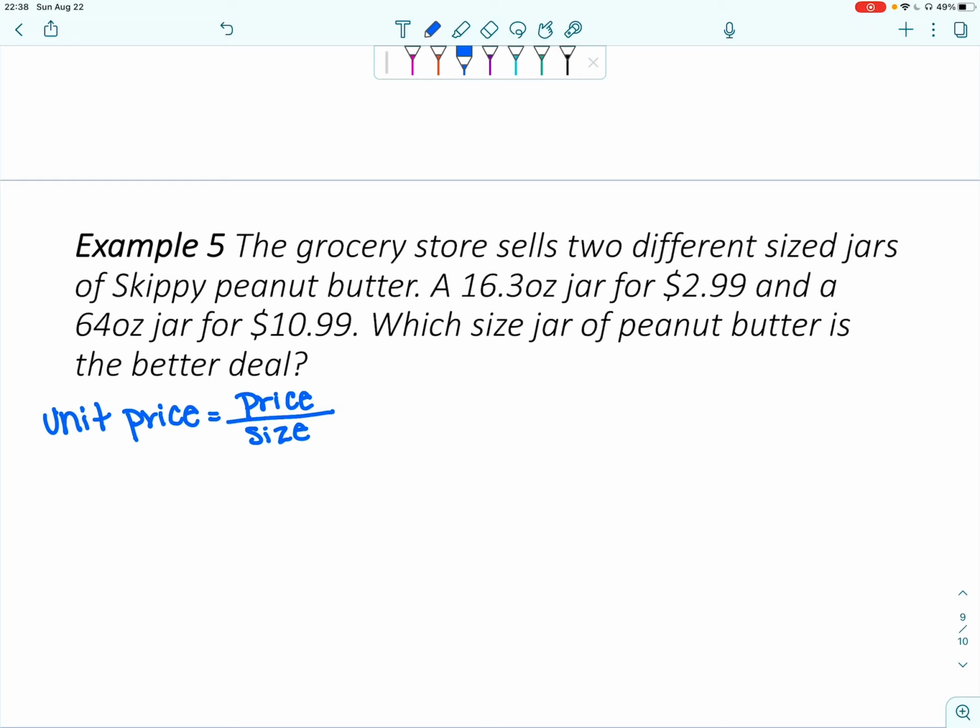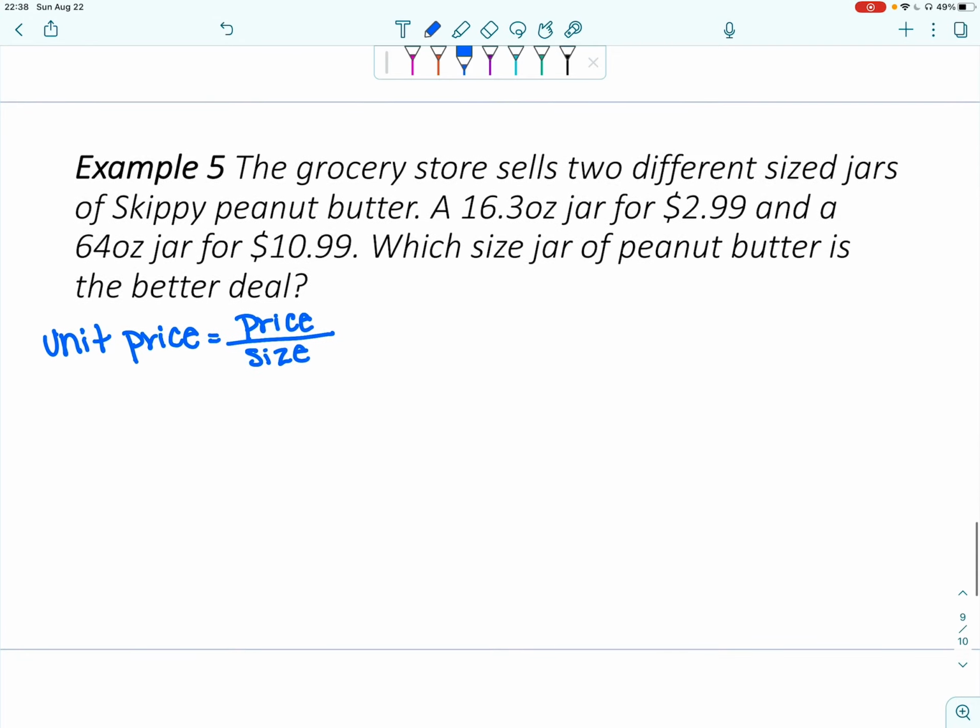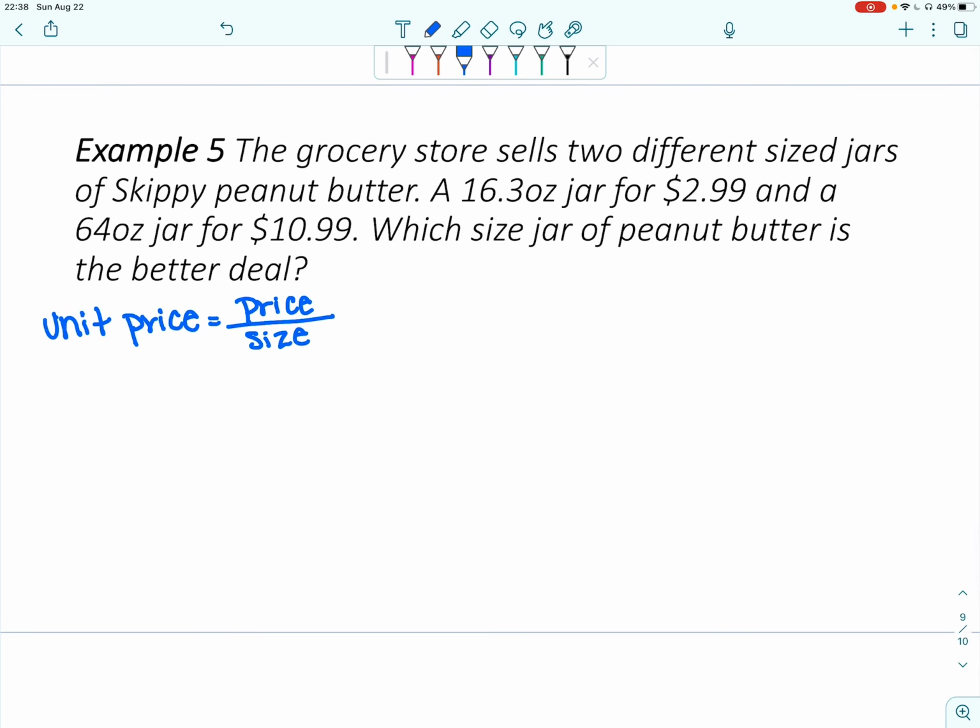You can also do this with pizza, looking at the price divided by the size of the pizza. You can do this with cereal, with tires, anything that has a price and different sizes associated with it. You can figure out a unit price to figure out which one you should be buying.